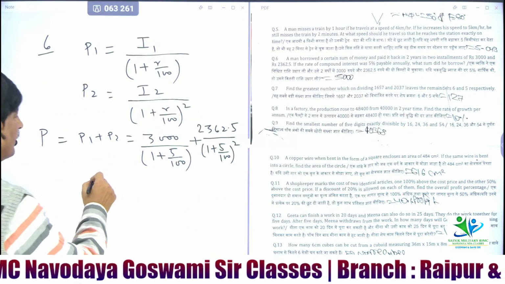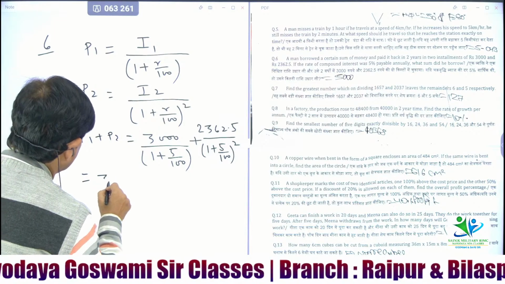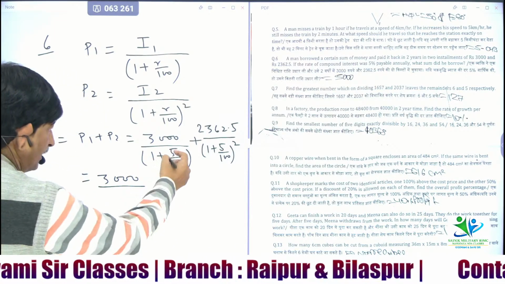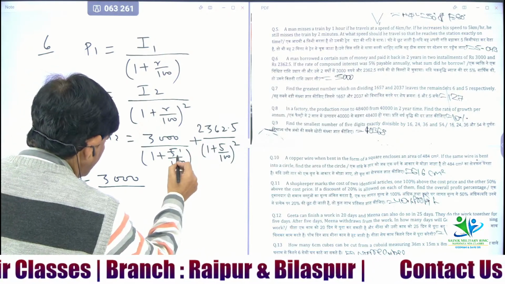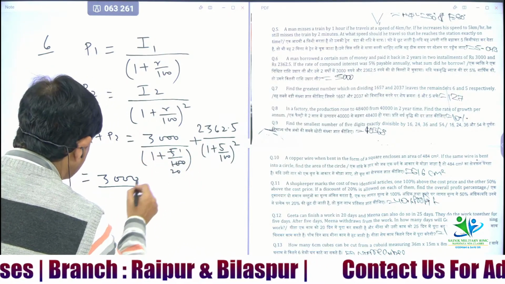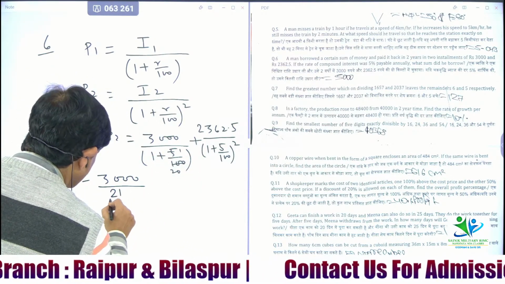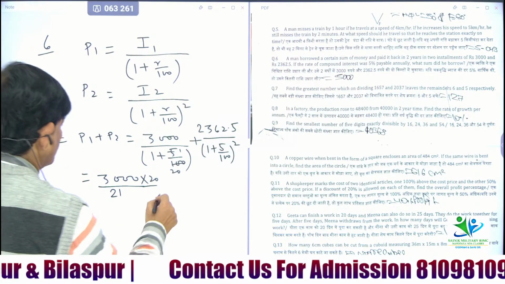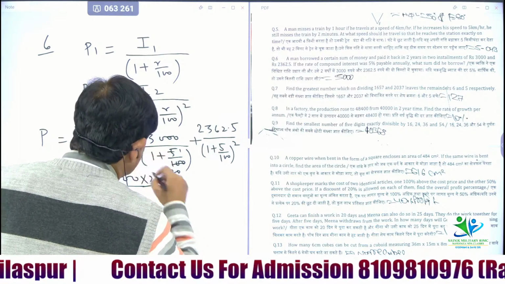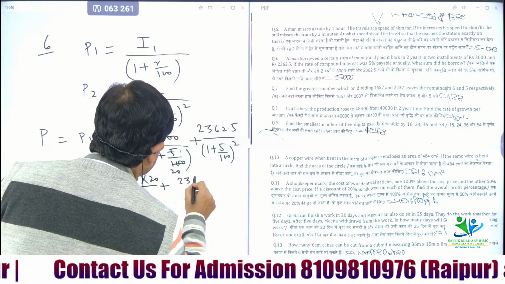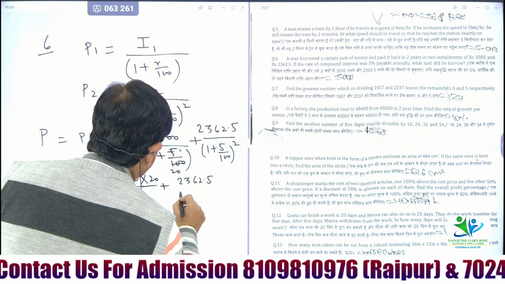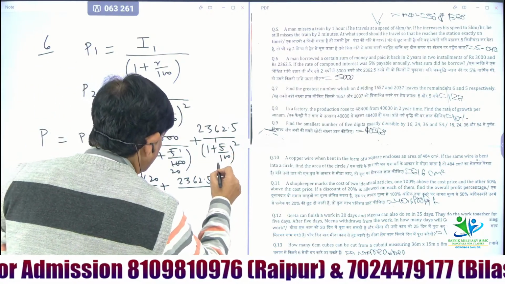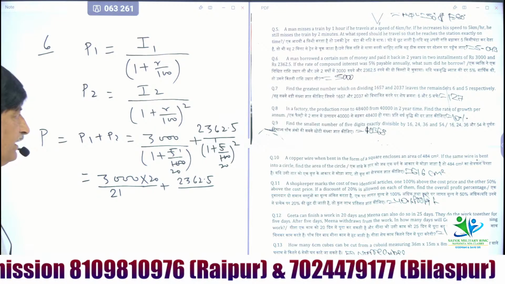Now you have to calculate this one, and this one is 3000, or this one is 1 by 20. If you cancel here 1 by 20, that is 21 by 20. In the second part, again this one is 2362.5, and here we cancel 1 by 20 and get 21 by 20.